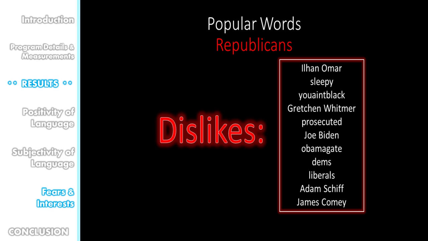Joe Biden, again a Democrat, Barack Obama, who's a Democrat, Dems, liberals, Adam Schiff, and James Comey. I actually don't know if James Comey is a Democrat. I believe he's supposed to be apolitical, but I put him in this category as well. That might have been a categorization error. So all of these words, or almost all of them, are just Democrats.